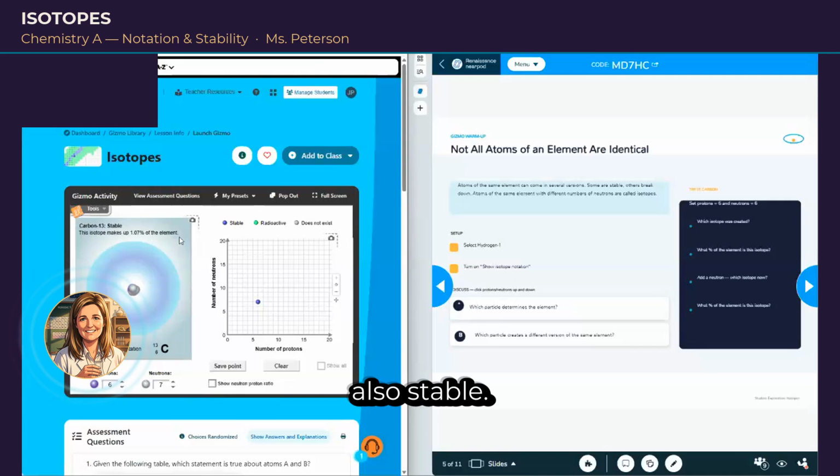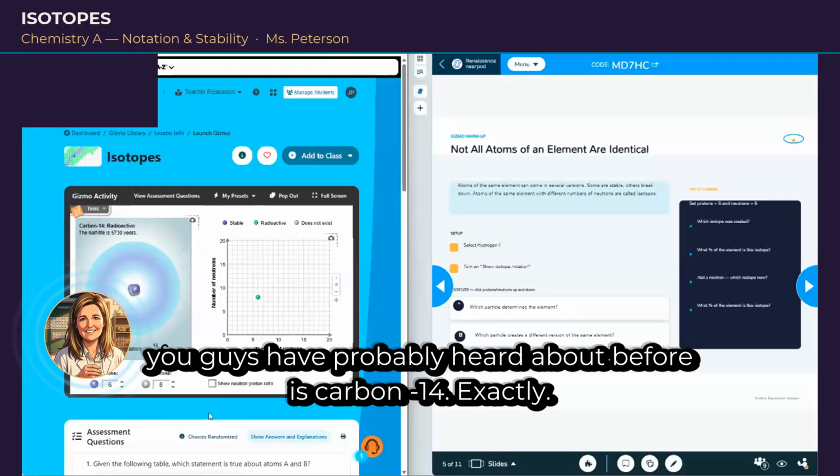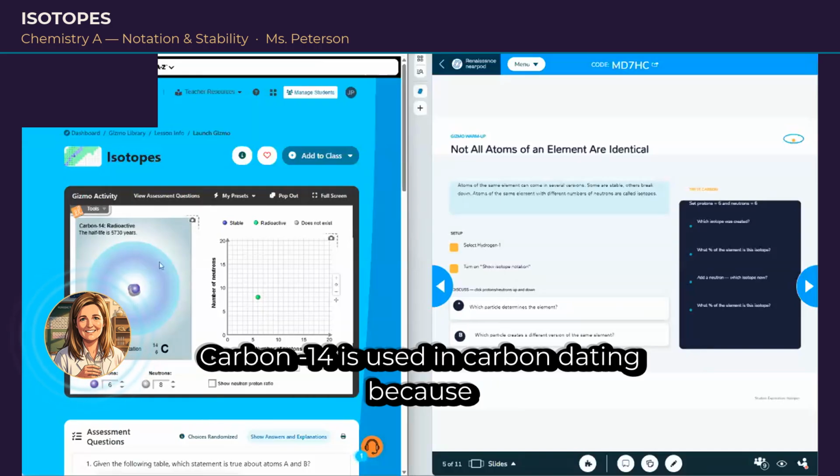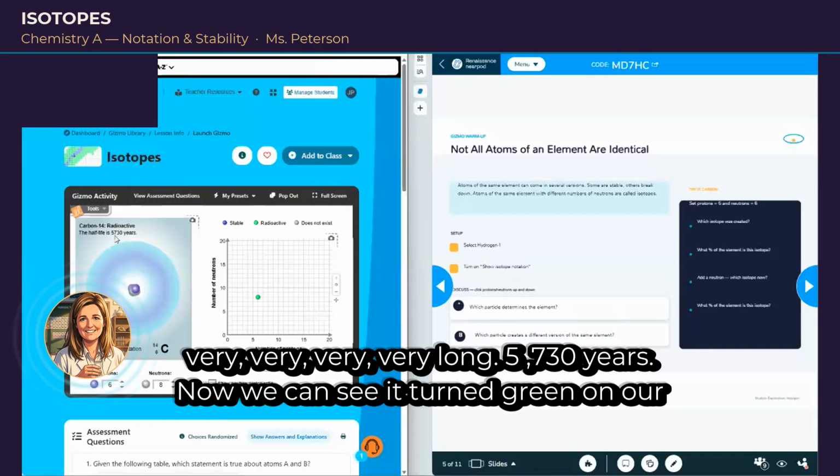And it's also stable. But you can see only 1% of carbon is carbon 13, not a whole lot of it. This is one you guys have probably heard about before, carbon 14. Exactly. Carbon 14 is used in carbon dating because carbon 14 is radioactive. So it decays over time. The half-life is very, very long, 5,730 years.